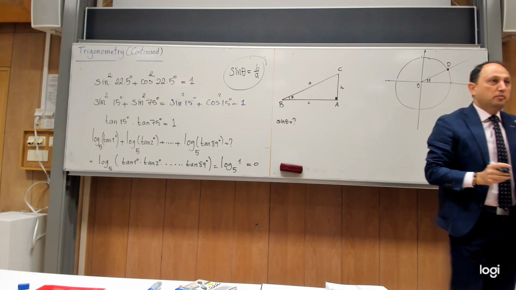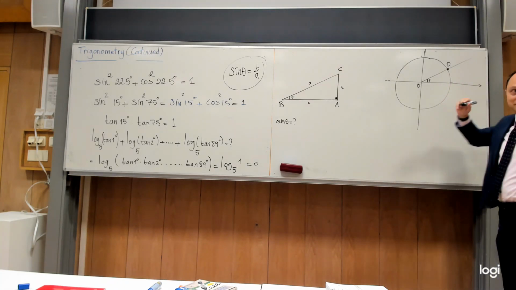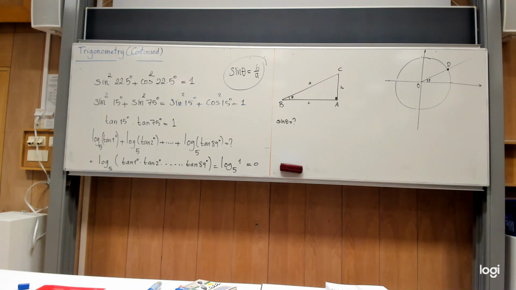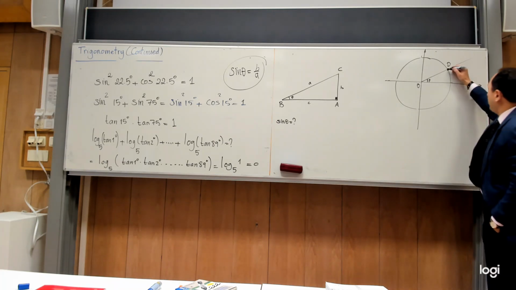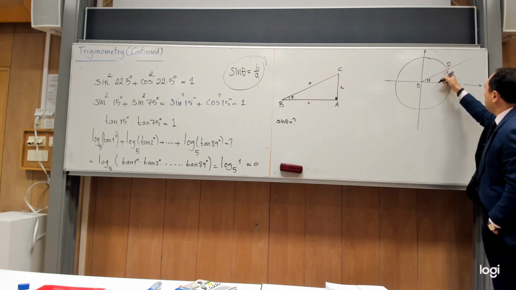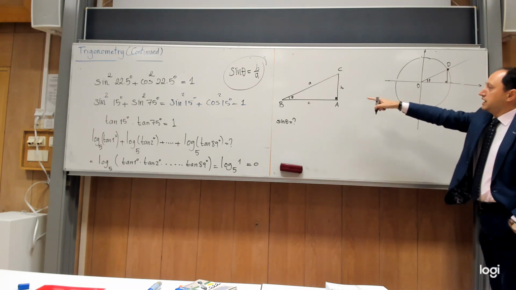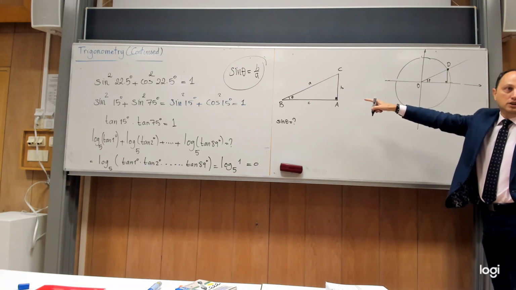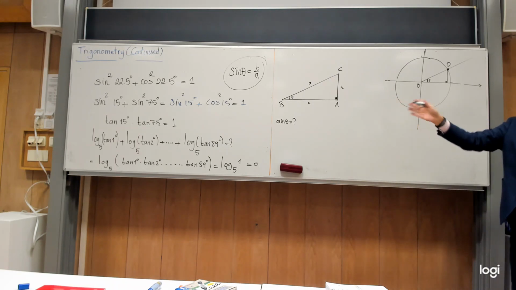But I will do this. If I ask you what is sine of theta, let me draw this vertical line. Is this right angle triangle the same right angle triangle there? In general, no. There is no guarantee for that.